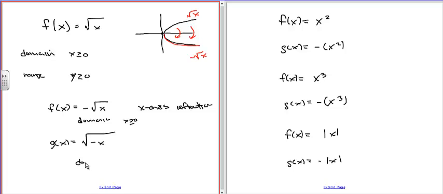Here, because of the negative sign, the domain is that x has to be less than or equal to 0, because if we had a positive x value, then we'd have negative that positive value, and we couldn't take the square root of a negative number. So the domain here is all negative numbers and 0.